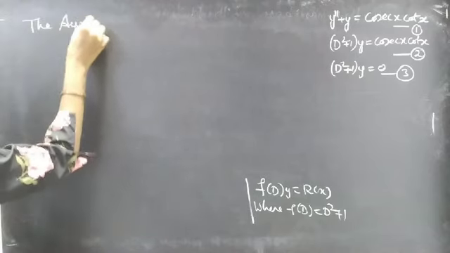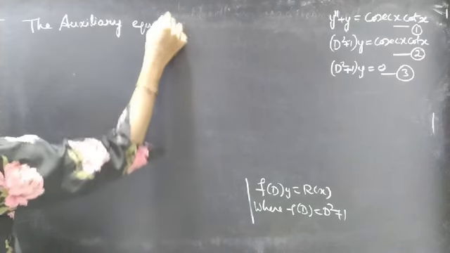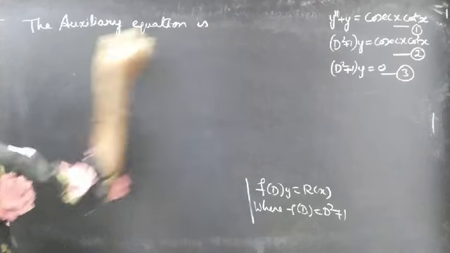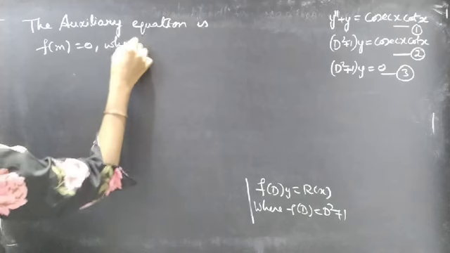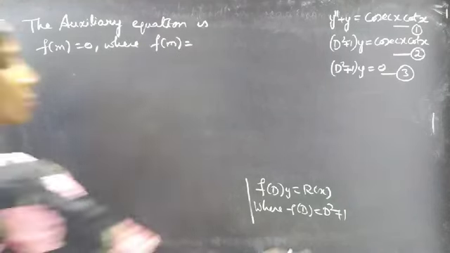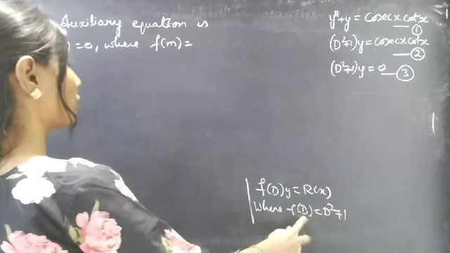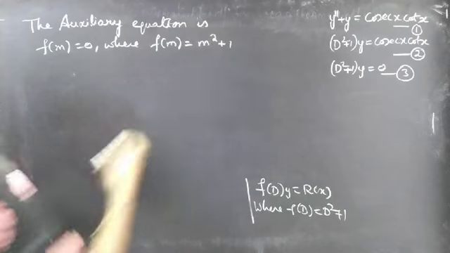The auxiliary equation is f of m equal to 0, where f of m equal to, we are having f of d, d square plus 1. Let's replace the differential operator by m, so that we'll get f of m equal to m square plus 1.